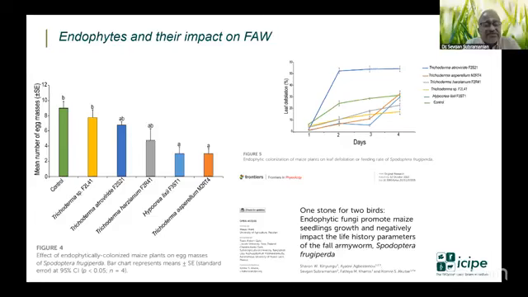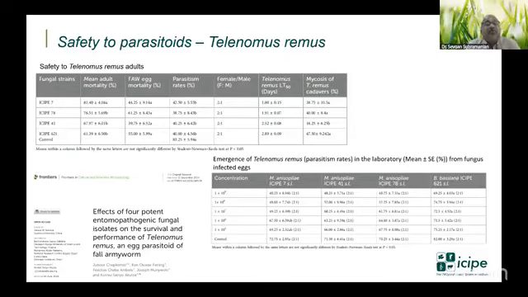Apart from the biopesticide being effective against the fall armyworm, they should also be safe to the other biocontrol efforts that we have, especially the parasitoids. And in this regard, we have tested the safety of entomopathogenic fungus to parasitoids. And here is an example of Telenomus remus. What we observed is that Telenomus remus adults are not so susceptible to the entomopathogenic fungus.